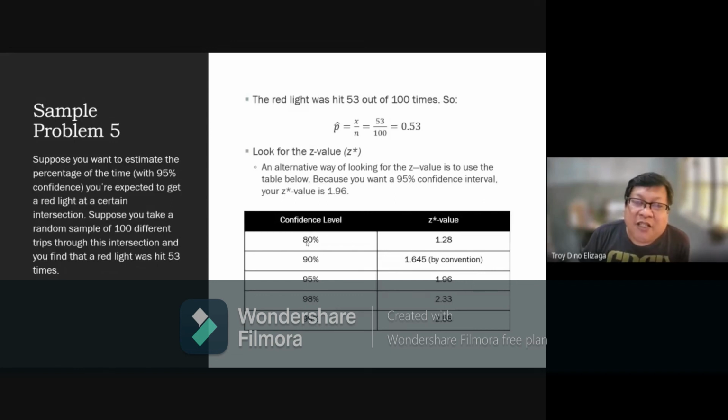And then this is the alternate way of looking for the z value. We only identify our CL, our confidence level, and it's 95. We look for it in this table, and then we get the z value automatically to be 1.96.